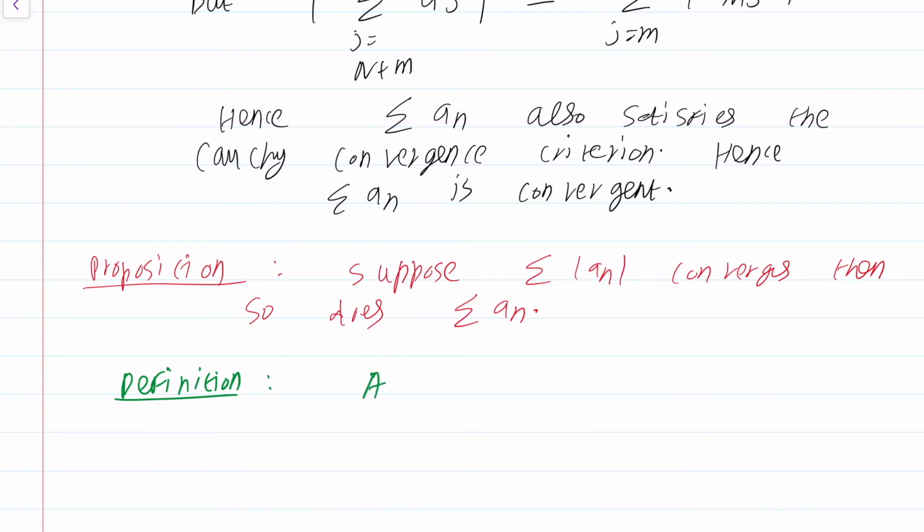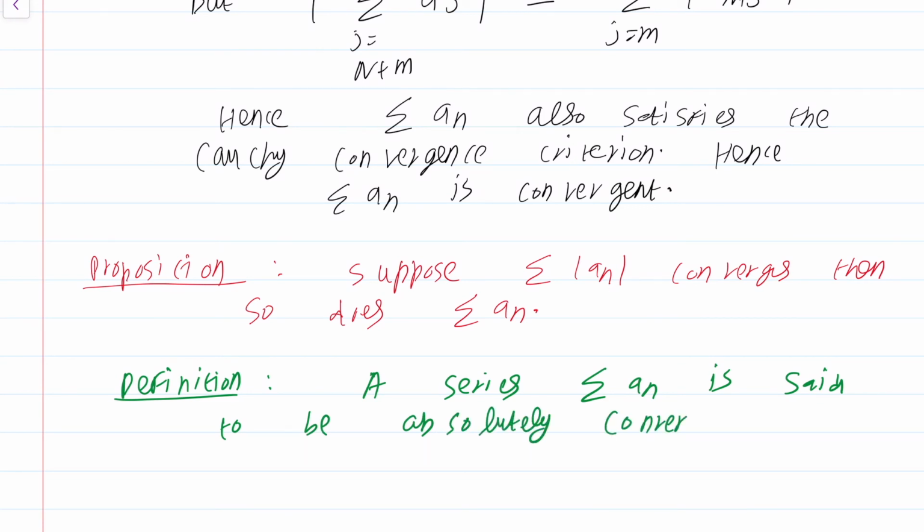A series summation an is said to be absolutely convergent if summation mod an converges.